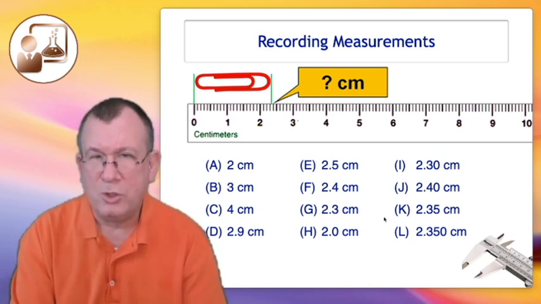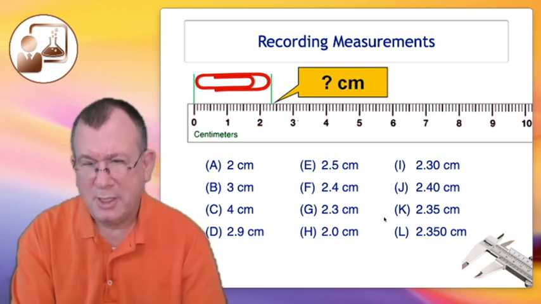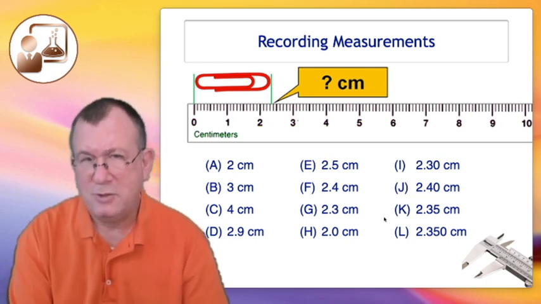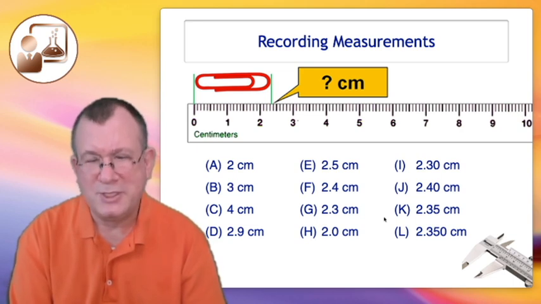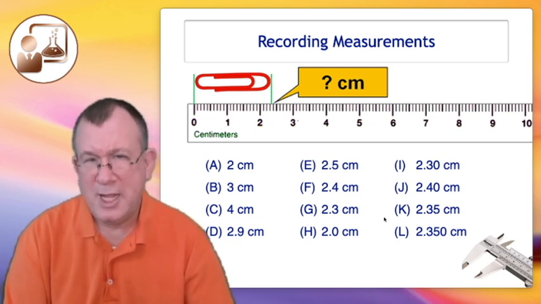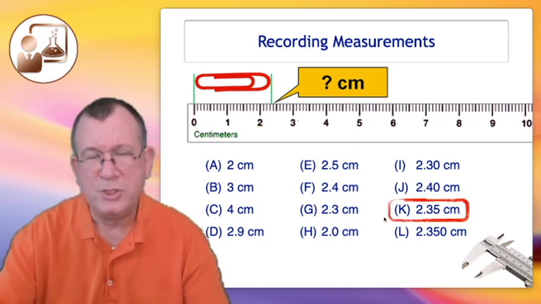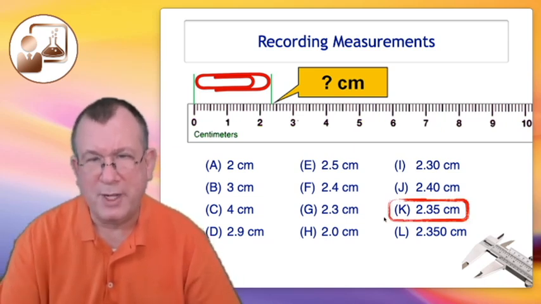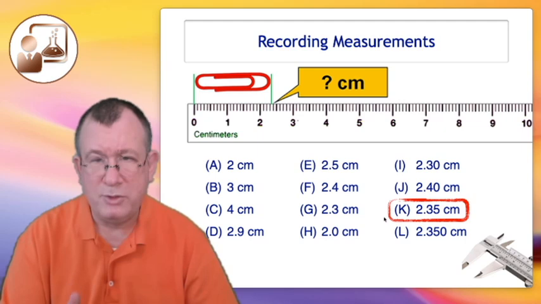And again, look at the two smallest marks. Looks like it's got at least 2.3, but not 2.4, so it's somewhere in between. So you are obliged to estimate how much in between. If it's really tight like that, just call it a half. So you could put 2.35 and you would get full credit. If you put 2.4, you would lose points.